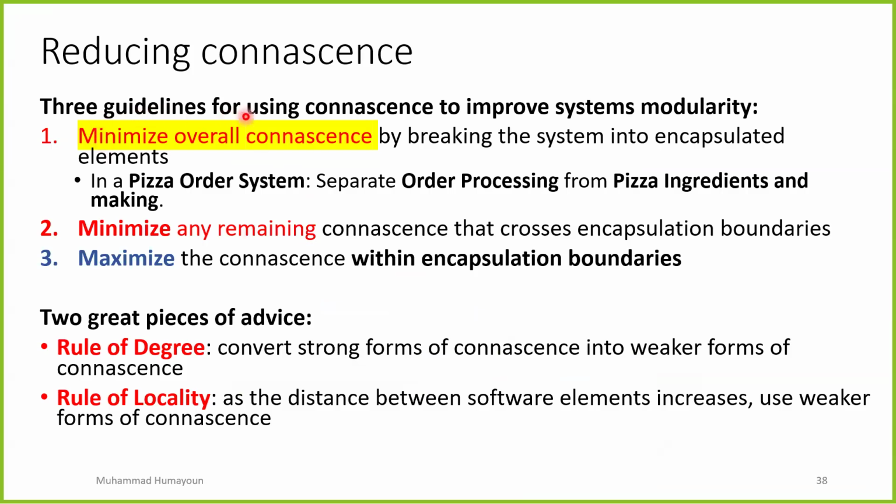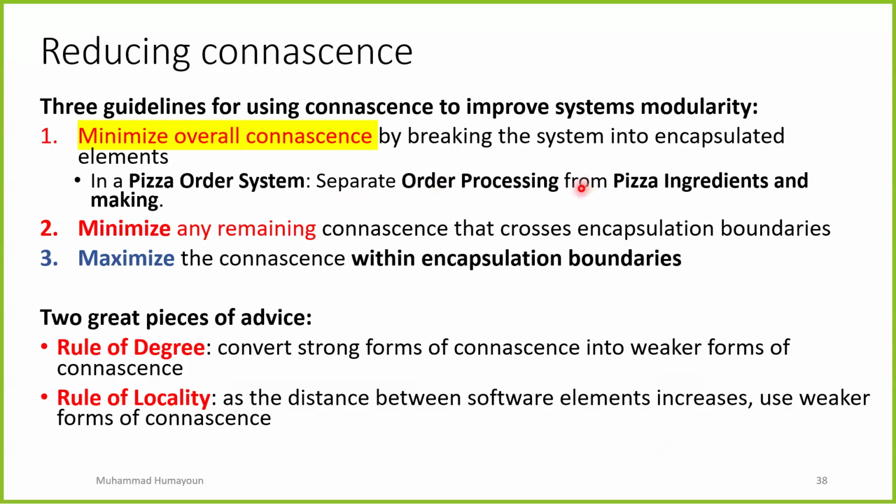Three guides for using connaissance to improve system modularity: minimize overall connaissance in the system. For instance, if you have a pizza order system, try to separate your code into at least two distinct modules. One is about order processing, another one is about pizza ingredients and making. So don't try to put everything in one place.